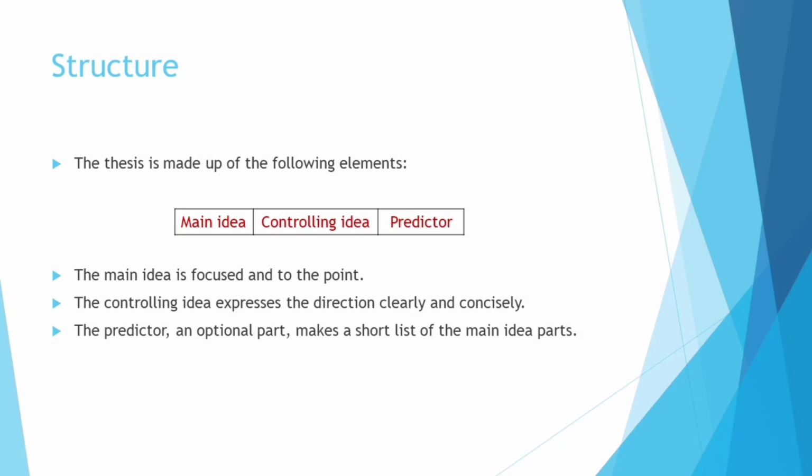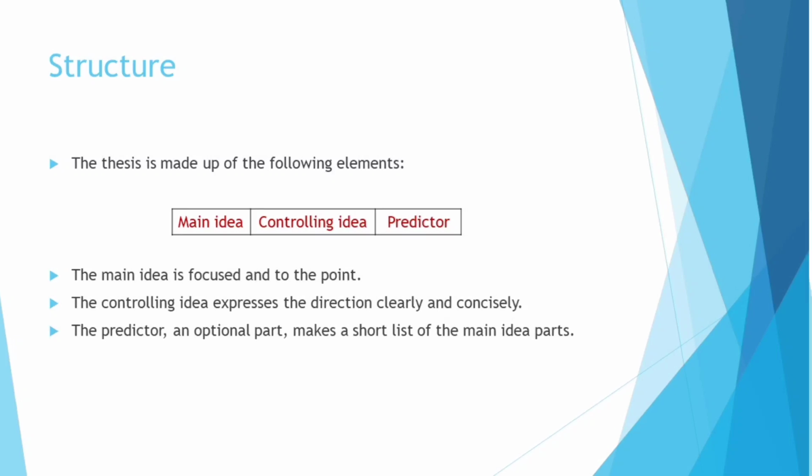There is an optional part also at the end, a predictor. This is a short list of the main idea parts, and I will show how it works in a few minutes. It is really important to get the thesis statement right and effective, because when you have a clear thesis statement, you can avoid lots and lots of problems later on when you're writing your essay.